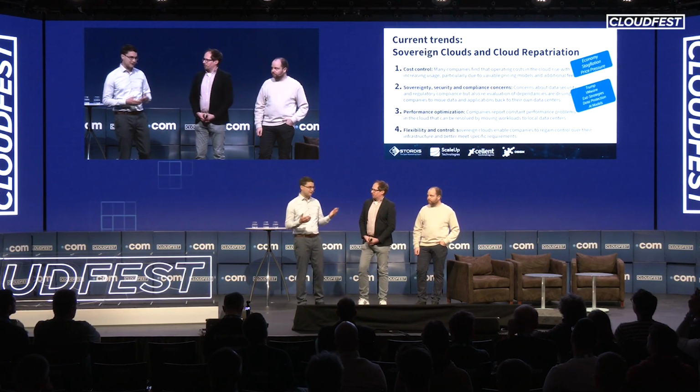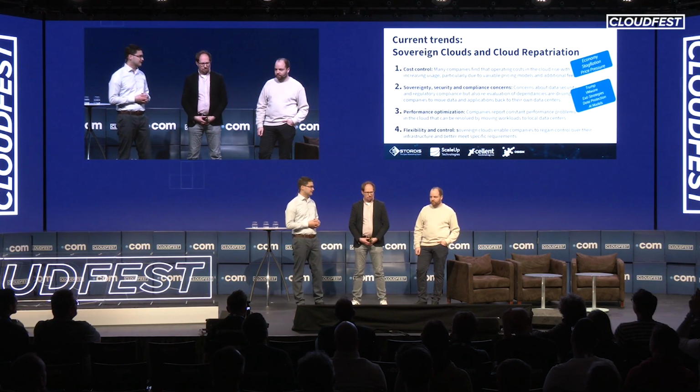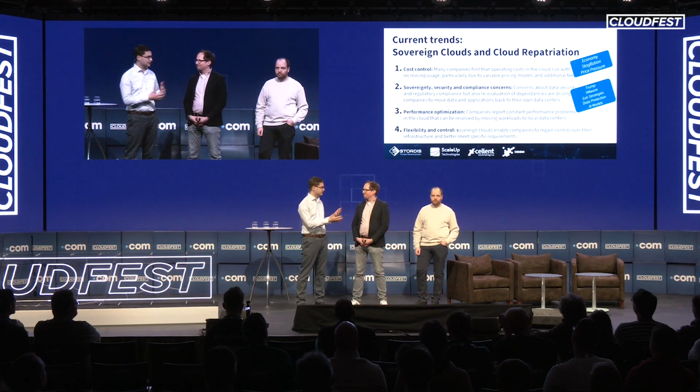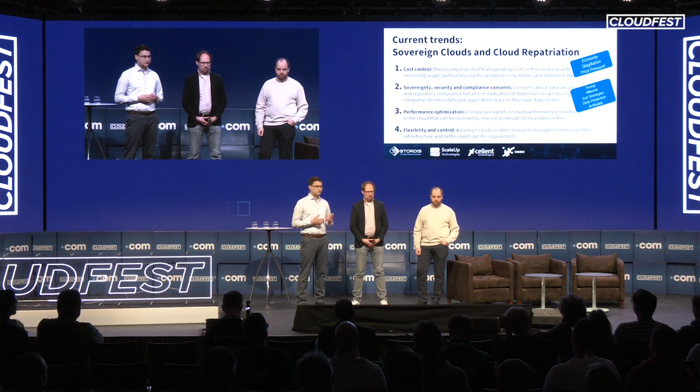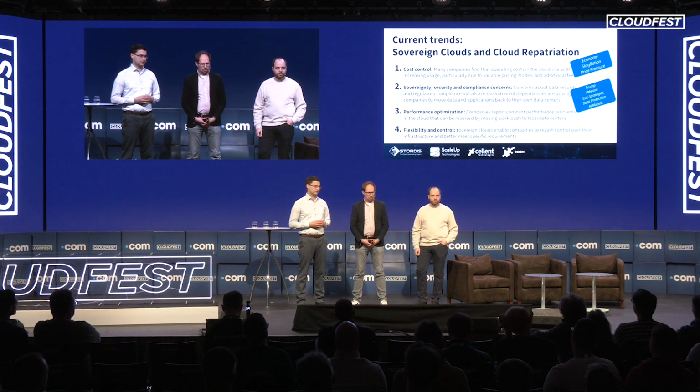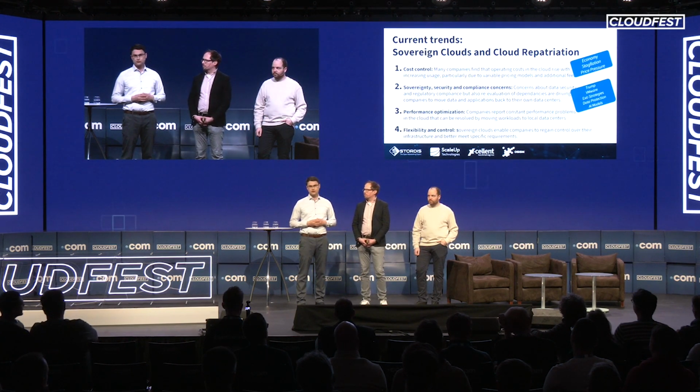Yeah, and what is the crucial thing that gets the three of us together here? That's the question. We see two big trends at the moment. We have a trend towards sovereign clouds and cloud repatriation. And what is this? Sovereign clouds means you want to build a really open system and you store your data there and you have the control over that.